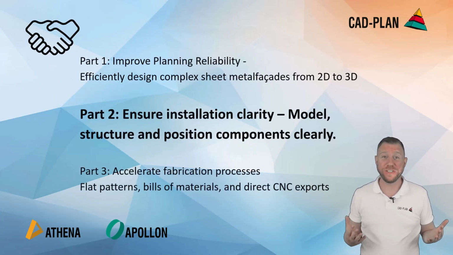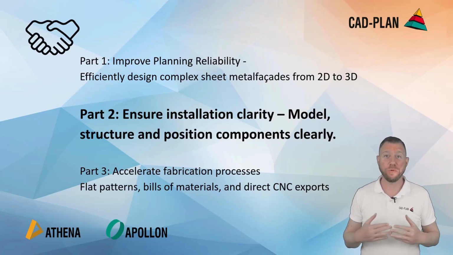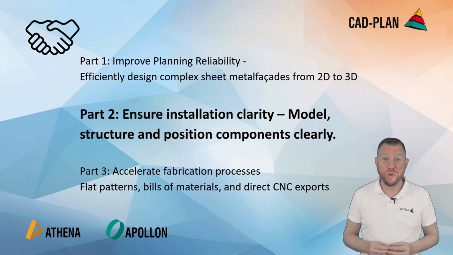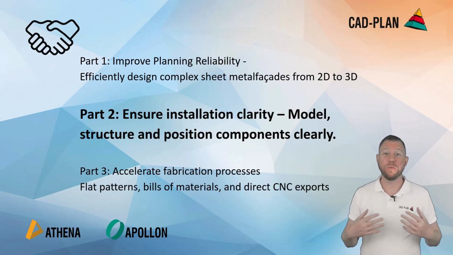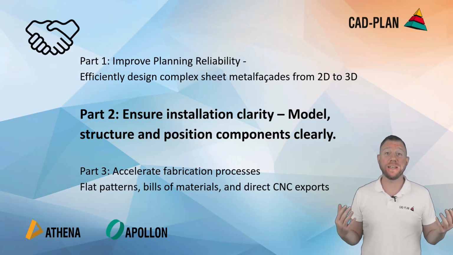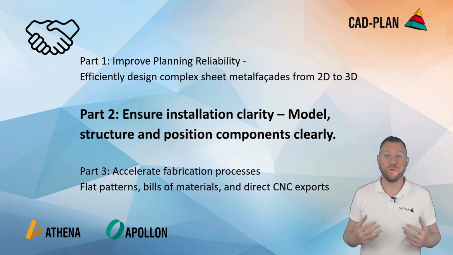Before we move on to the next steps, let's take a brief look at Part 1 of the webinar. In Part 1, we established the foundation of the construction and showed how to work efficiently in 2D planning with ATHENA. The focus was on creating a sheet metal facade element as the basis for all further steps.